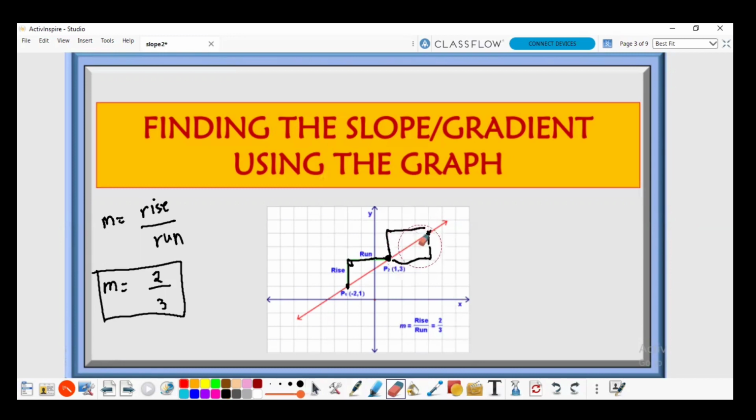Anyway, it's still the same, but I will just draw a triangle above here. Let's count how many steps. We have 1, 2, so the rise is 2. And our run, we have 1, 2, and then 3. So we still have 3 units, so we still got the same answer.